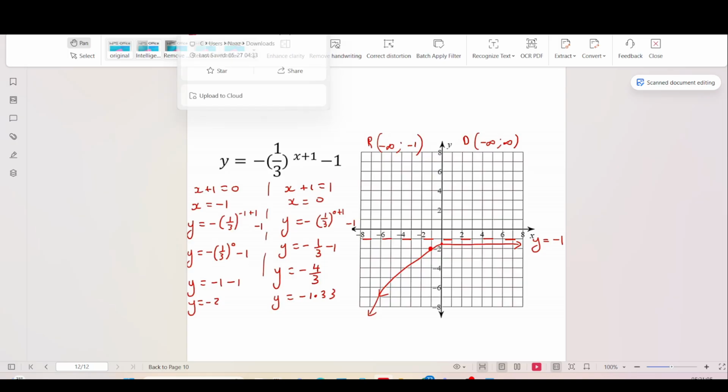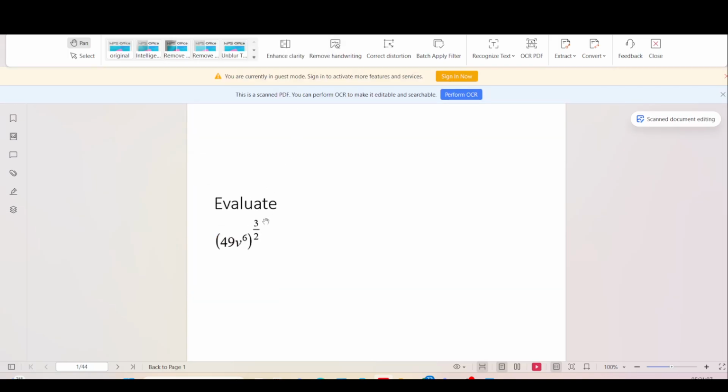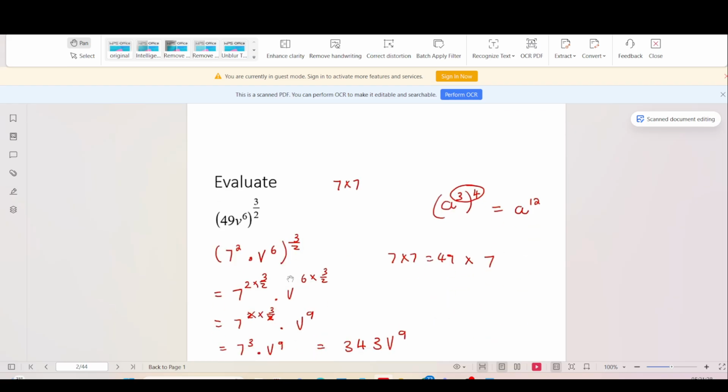Okay, so when you have these types of questions, look at the denominator, like you have a fraction power of 2. Try to convert the 49 into a number to its power of 2, like 7 squared, so that the fraction can cancel, right?